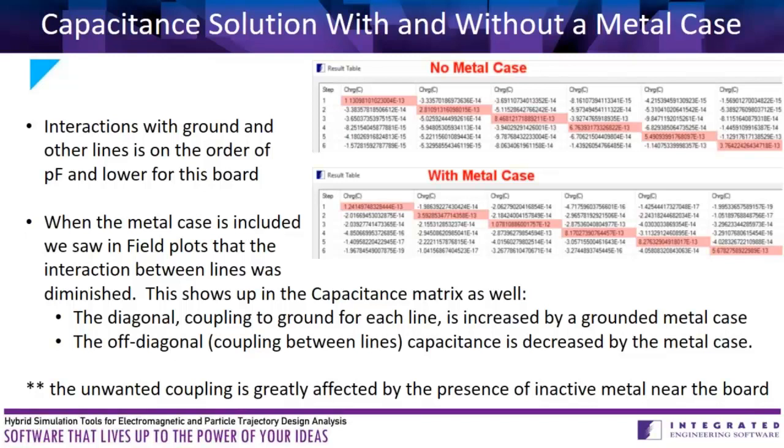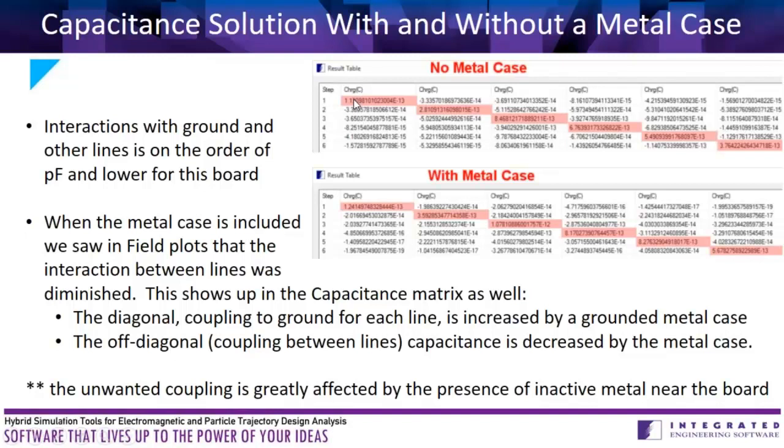That means if you wanted to draw these parasitic effects right into your circuit model, you would put a capacitor of this value between this line and a ground somewhere. And if you wanted to include, let's say, C12, you would put a capacitor of this value between line 1 and line 2, and so on.